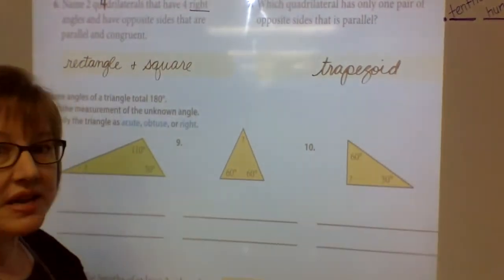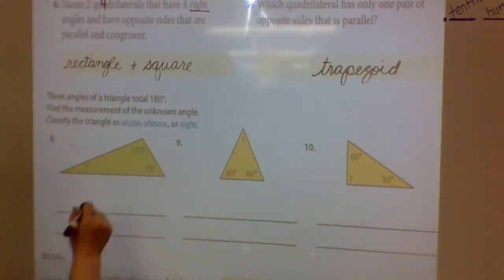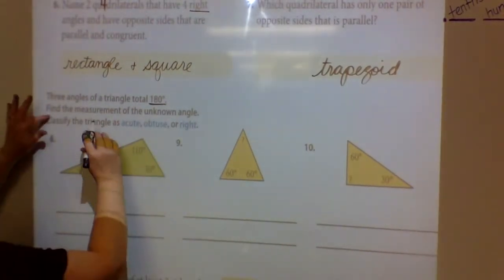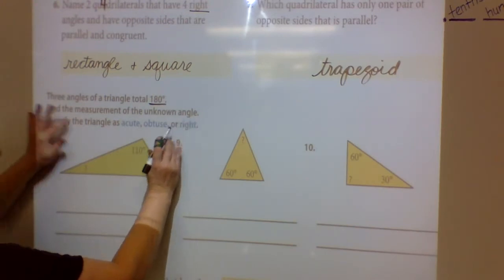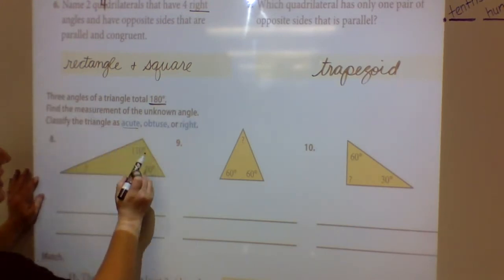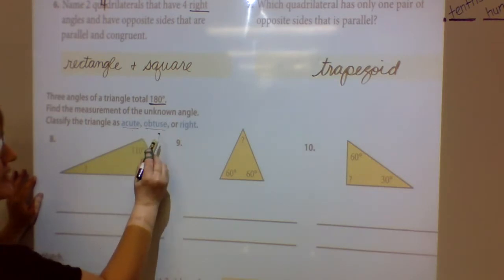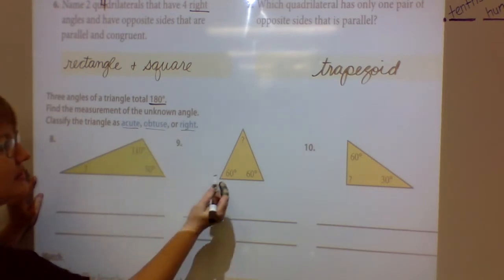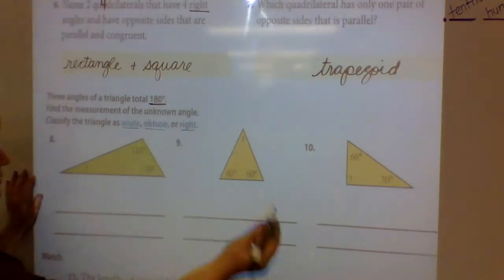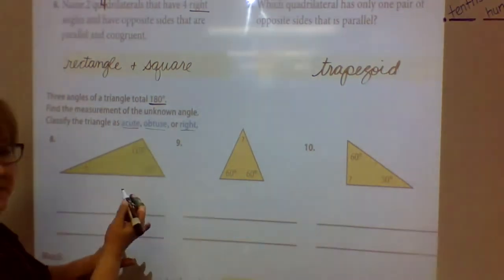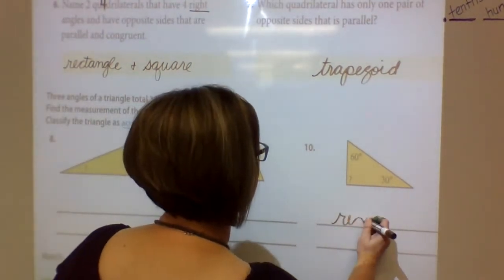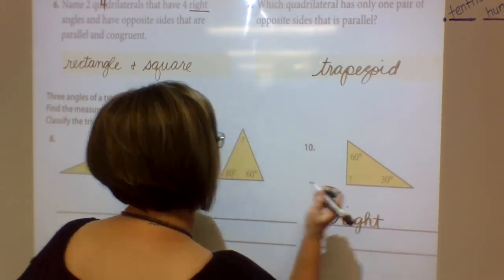Okay, and then the 3 angles of a triangle total 180. Find the measurement of the unknown angle and classify them. If it's acute, it has all angles less than 90 degrees. If it's obtuse, it has one that's bigger. If it has a right angle, it's a right triangle. So which one has a right angle? This one. So this one is a right triangle.